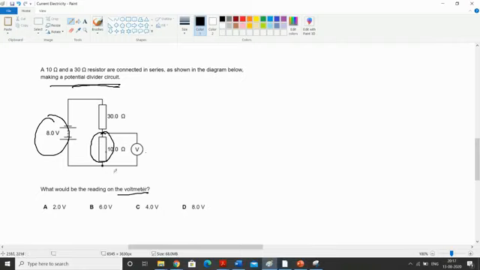Okay. So to find out the reading of the voltmeter, as these two are in series, we will find out the current first. To find out the current, we need to find out the equivalent resistance. So the equivalent resistance is 30 plus 10, which is 40. Current is voltage divided by resistance, 10 over 40, which will give you 1 over 5, which is 0.2 ampere.